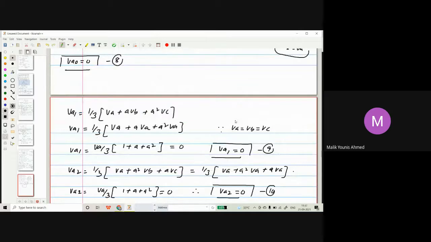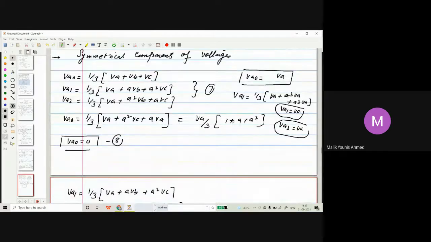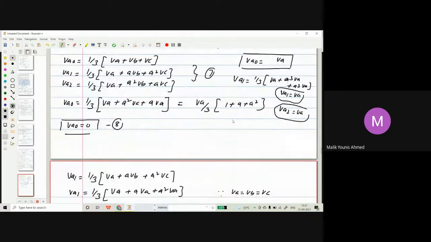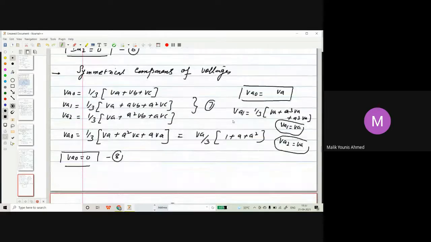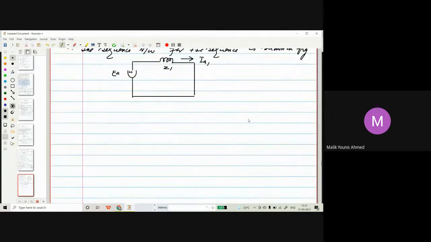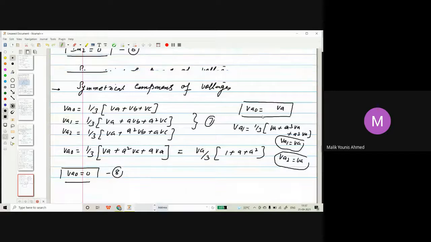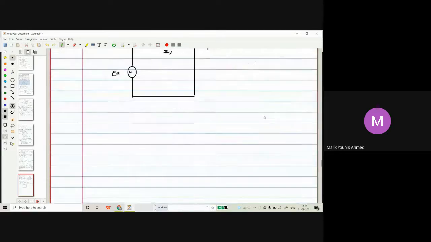In either case, the sequence components of the voltages are the same. But in the second case, we are getting VA. So how are we going to write this VA? Let me do this on the side. Just a second. Let's talk about VA0. VA0 is coming as VA.